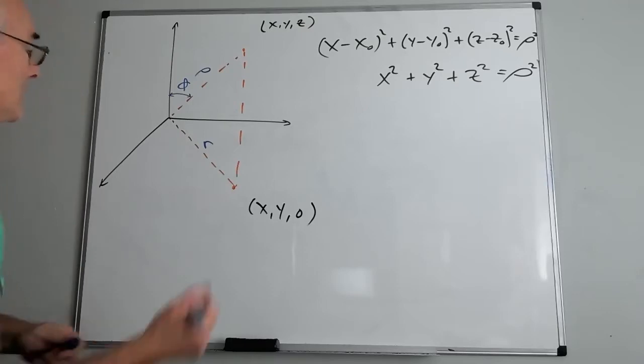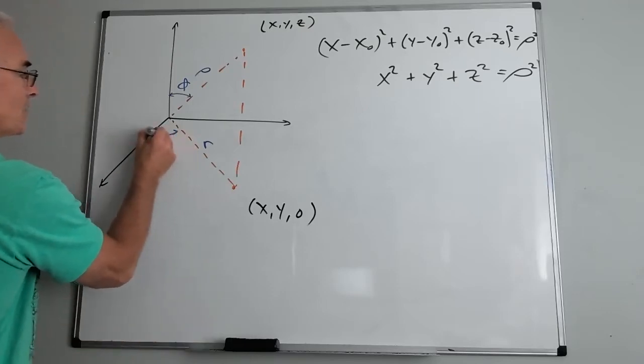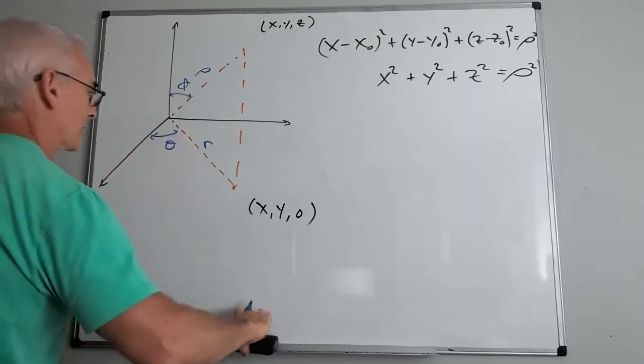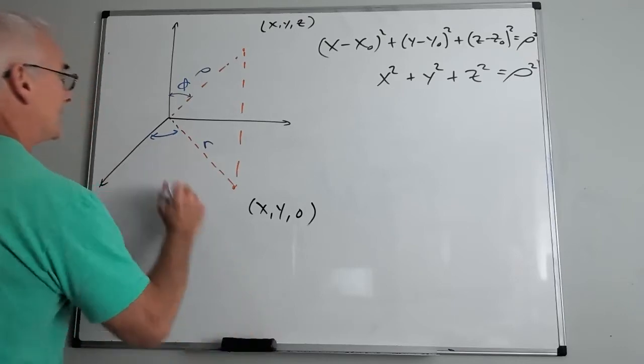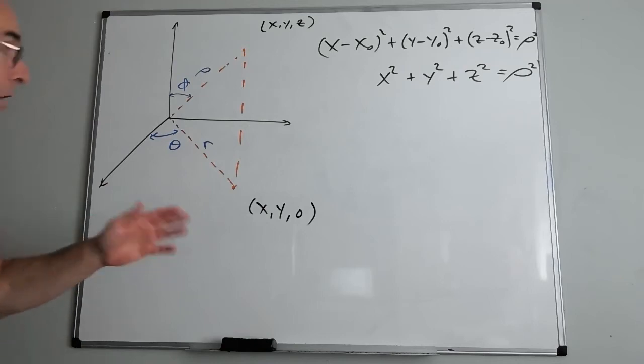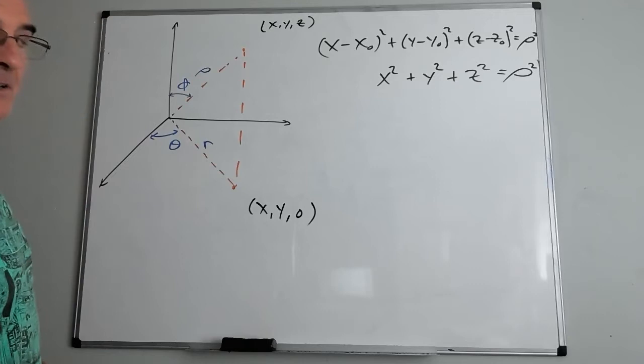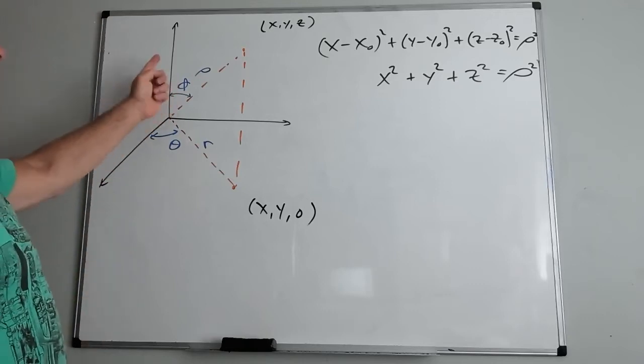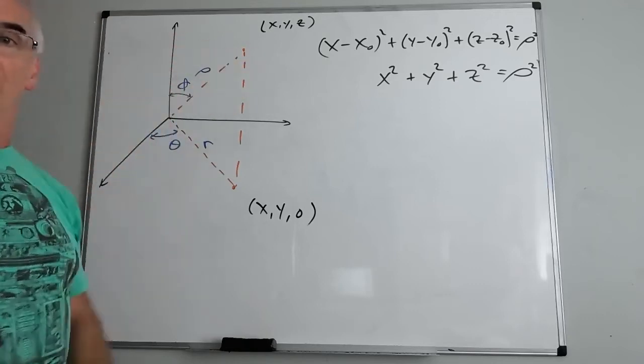And this angle right here on the XY plane, that's theta. Theta and phi are completely unrelated. Theta is the angle on the XY plane made between R and the x-axis. Phi is in 3D between the z-axis and wherever you are.